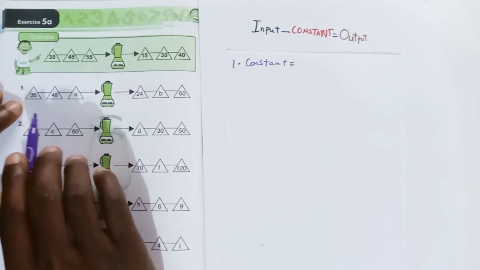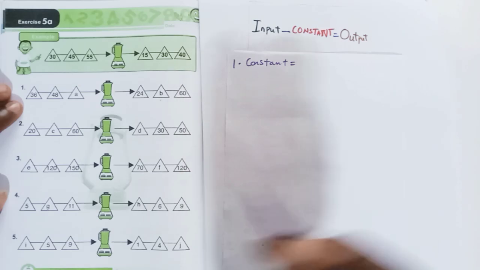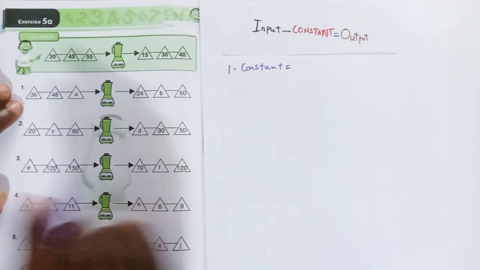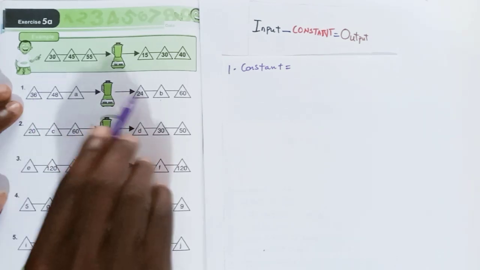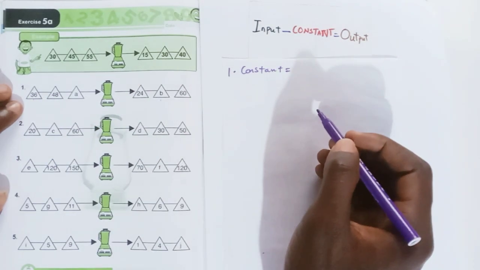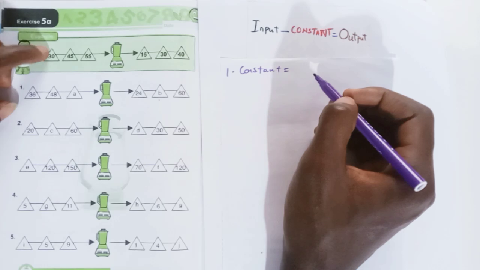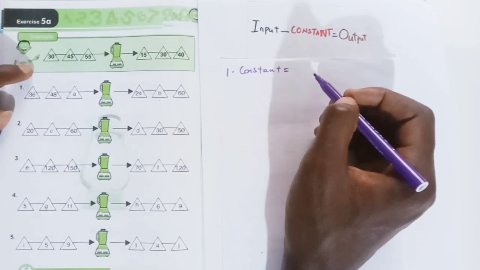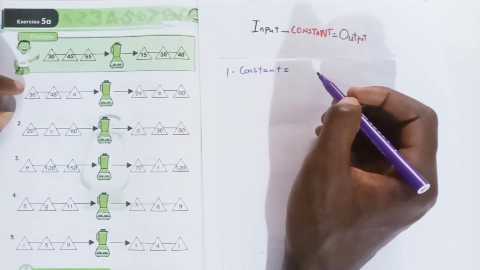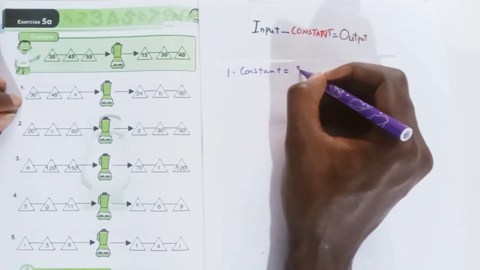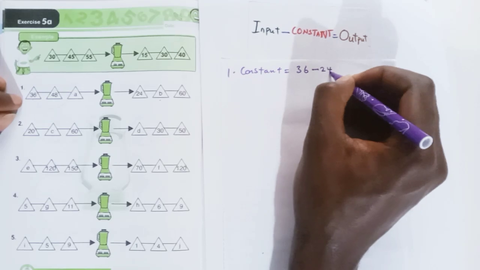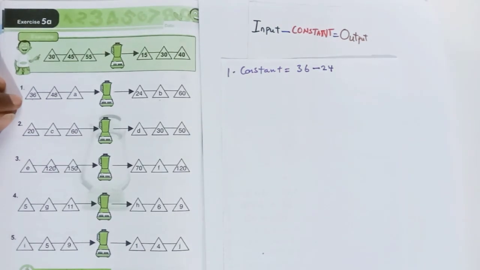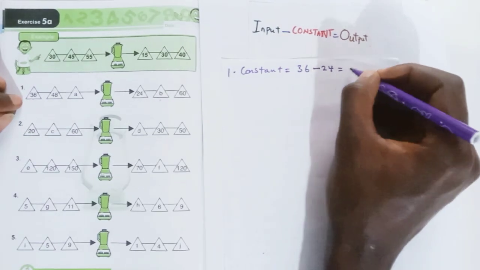So here, let me solve the first one. For the constant, we use the ones that are known: position 1 input, position 1 output. Remember, we subtracted to get the constant, so we're also going to subtract. 36 minus 24 is 12.